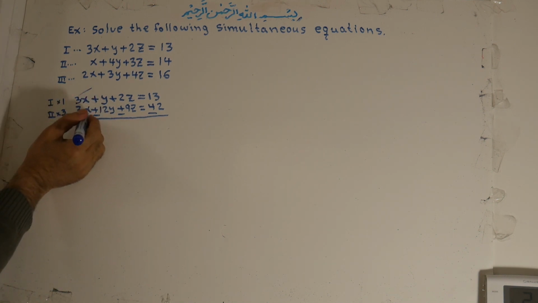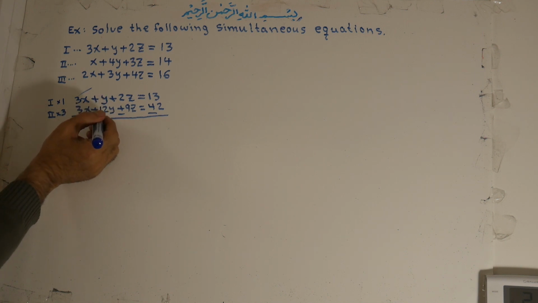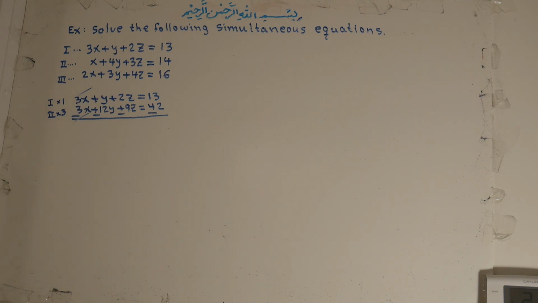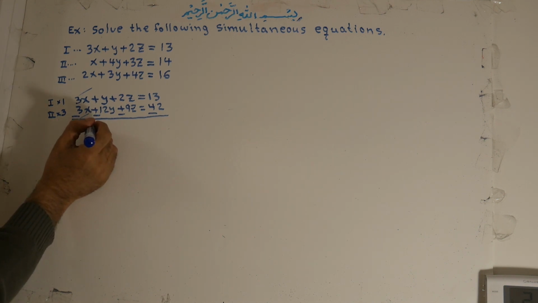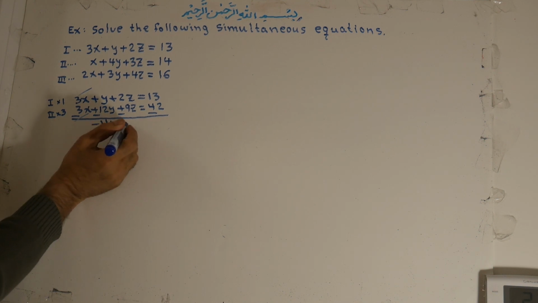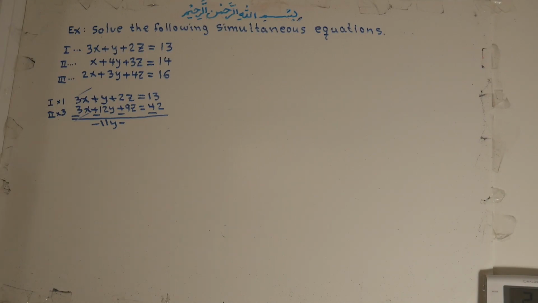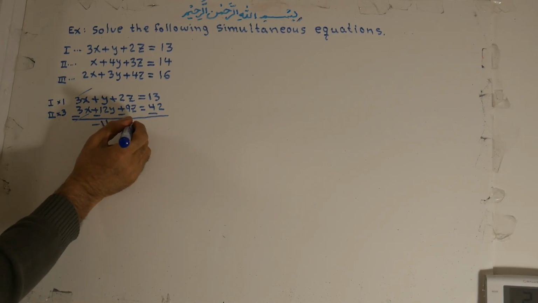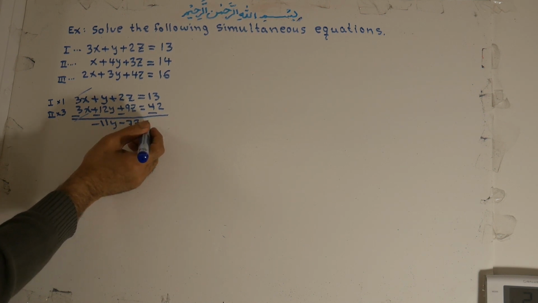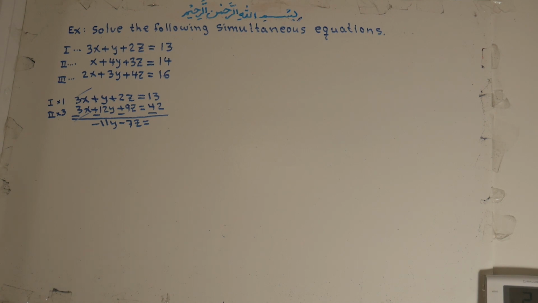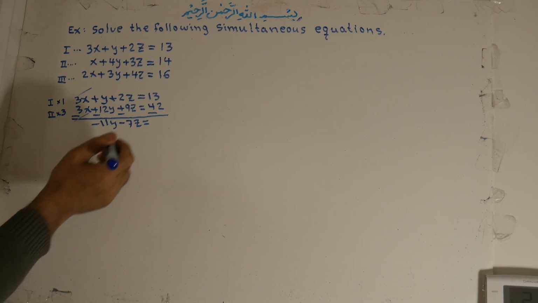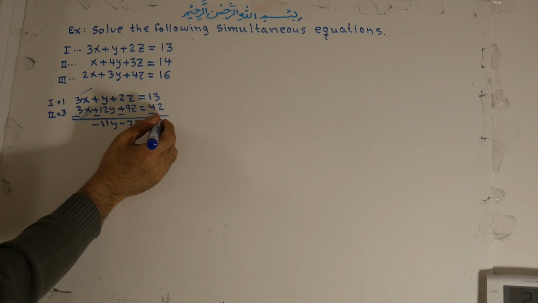Positive 3x cancels with the negative 3x, there is negative 12y, and positive 1y is negative 11y, 2 minus 9 is negative 7z, is equal to 13 minus 42 is minus 29.